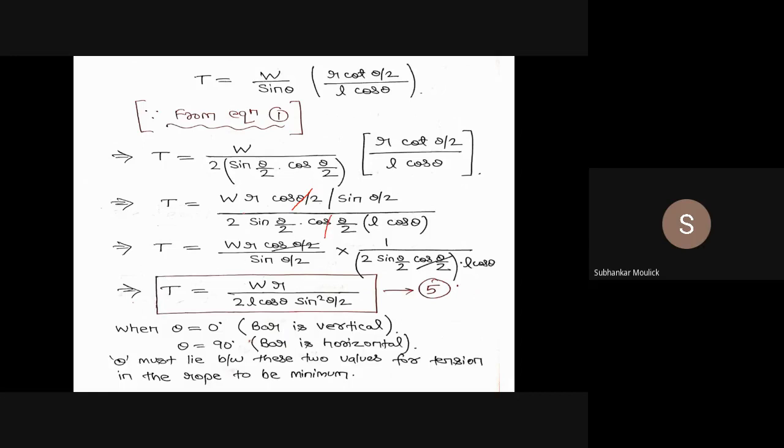Then the final expression becomes W into r divided by sine theta by 2, into 1 upon 2 sine theta by 2 into L cos theta by 2. The cos theta by 2 cancels, or I can write T is equal to W into r divided by 2 into L cos theta into sine square theta by 2, equation number 5. Is equation number 5 clear to all of you?